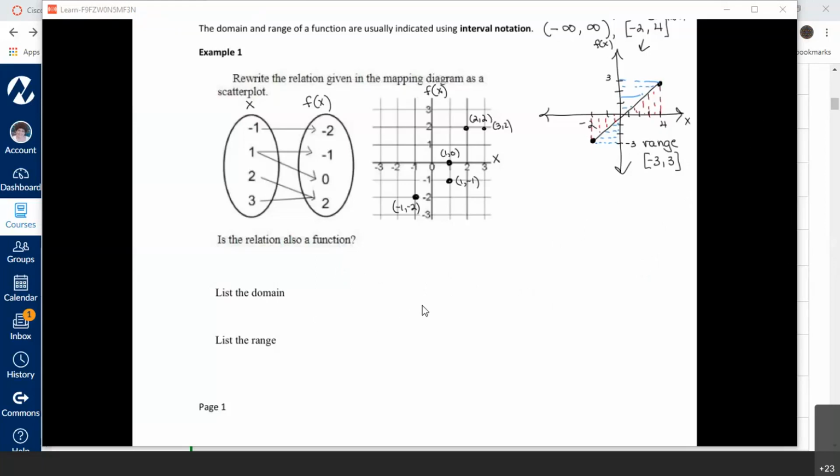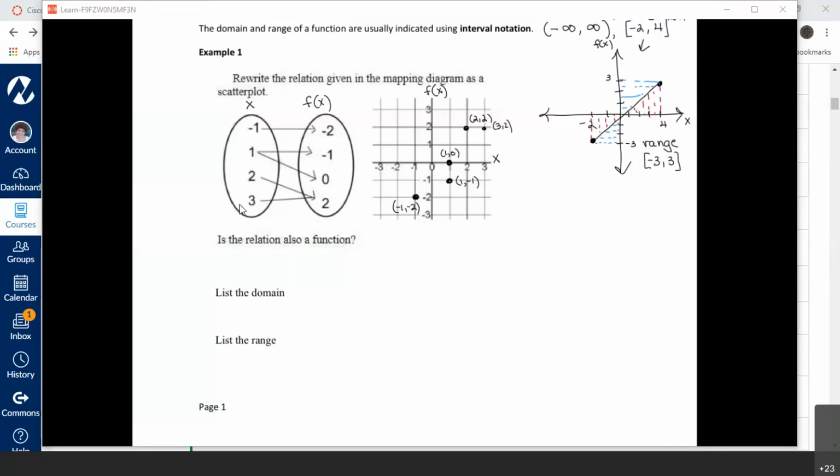Which input value, which x value is the problem? Yeah, 1. See this guy right here? Remember we said if you're going to use this to predict anything, you've got to be able to know what the output is. So how do you decide? If I put in a 1 to this function, am I going to get -1 or am I going to get 0? That's a problem.